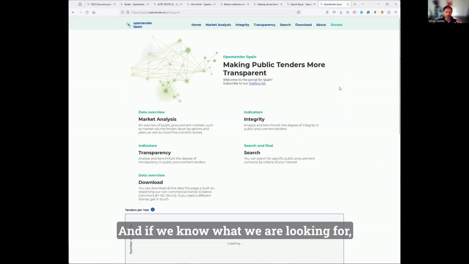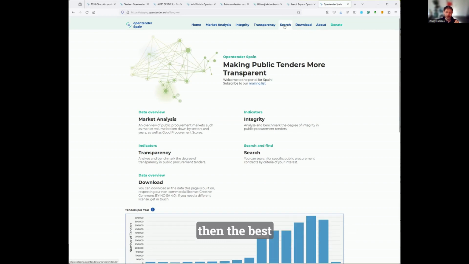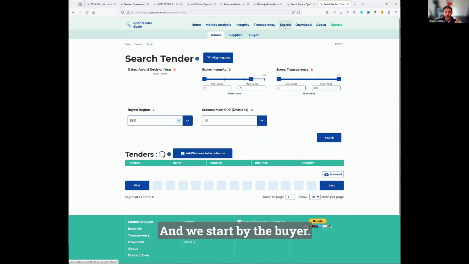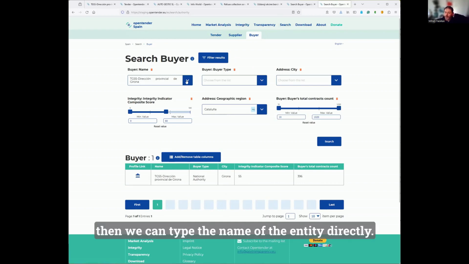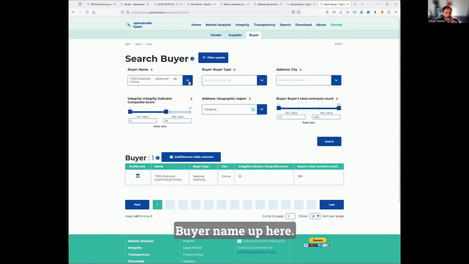And if we know what we are looking for, then the best is to go to the search page. We start with a buyer, so click on the buyer subpage. Okay, so what can we do here? If we know the name, then we can type the name of the entity directly, buyer name up here.